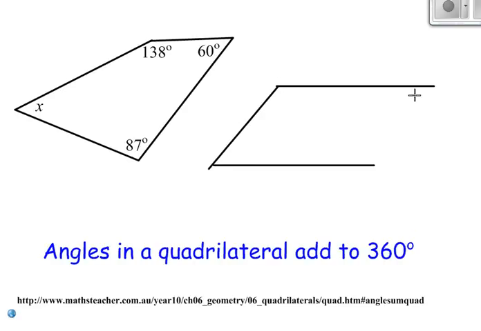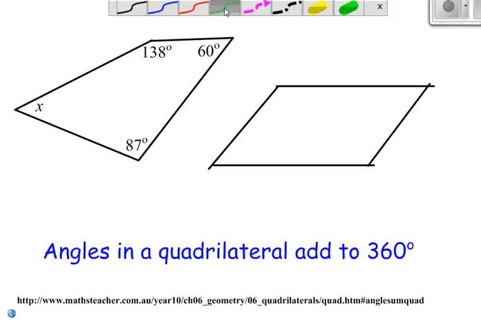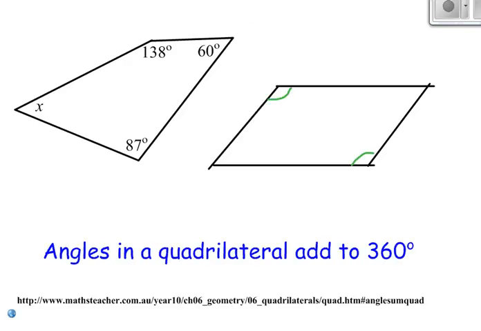So this angle and this angle would be the same, and this angle and this angle would be the same. So that's just something to keep in mind, that if you have a quadrilateral that happens to be a lovely parallelogram, then don't forget about this opposite angle trick, that in a parallelogram, opposite angles are the same. And don't forget that a parallelogram includes rectangles, squares, and rhombuses.